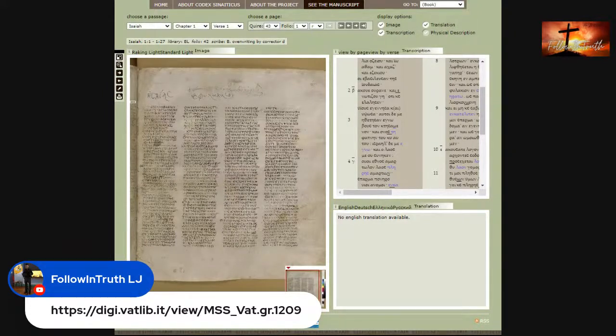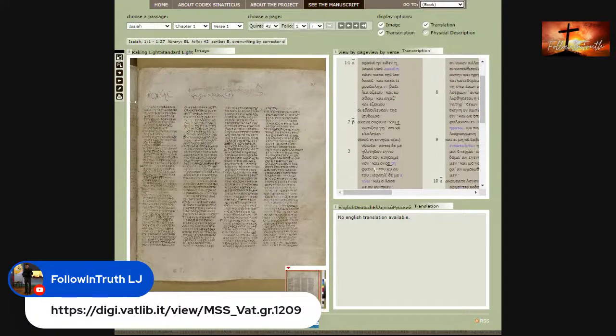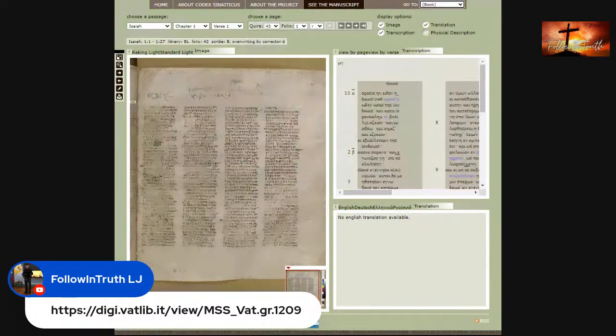Then you've got Barnabas, the Shepherd of Hermas, and unidentified fragments. So Sinaiticus contains a lot of books that would be considered non-canonical, but they're in Sinaiticus. So obviously you can go in and have a look at all of that as well.